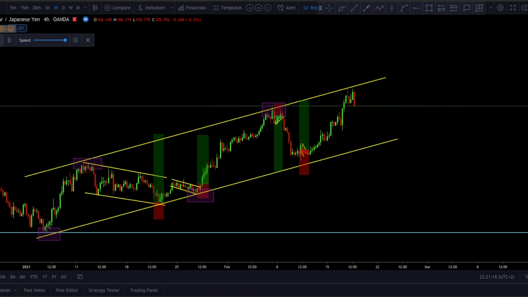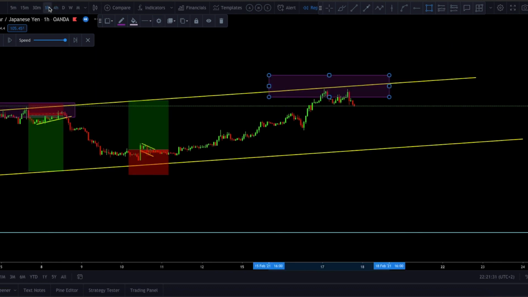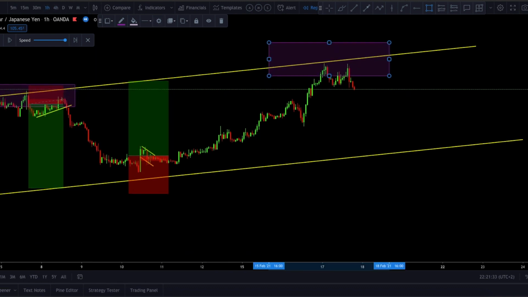Okay, now it went up back to the same trend line, same trend line. Then what are you going to do when it comes to this trend line?